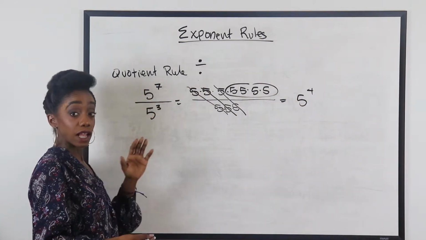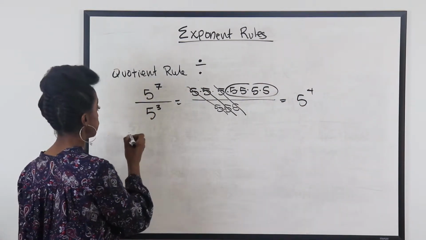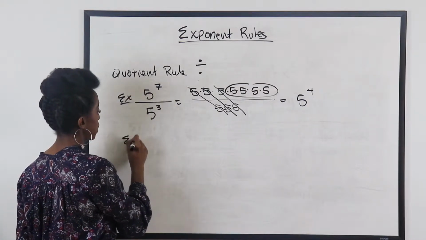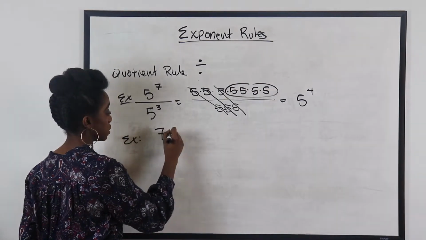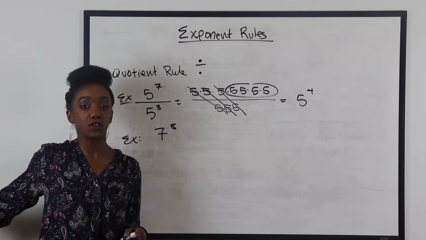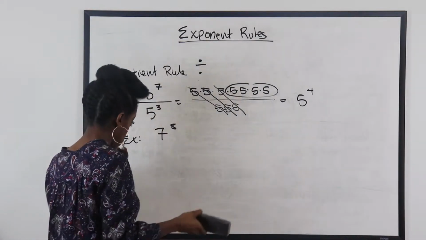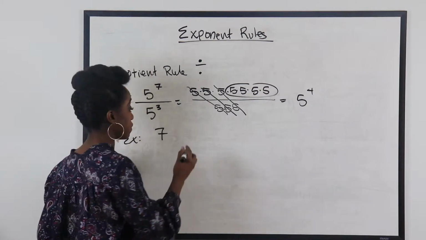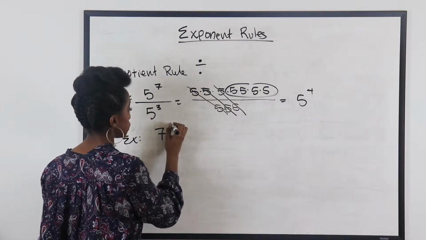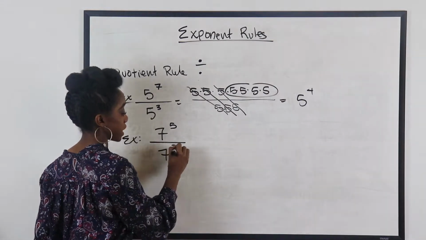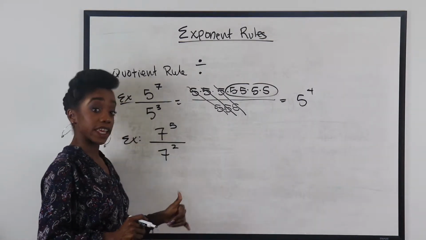Okay? Let's take a look at one more example. Say we have 7 to the 5th and 7 to the 2nd. Now, who can guess?